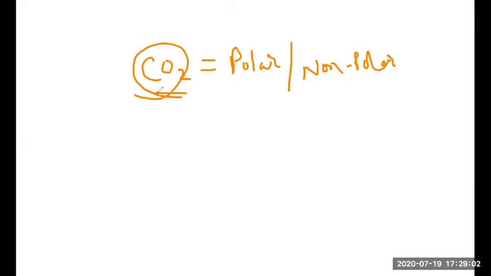So that's the difference. To determine whether the molecule is polar or non-polar, you have to satisfy two conditions, in the same order that I'm writing right now. First, the bond has to be polar, or you can write polar bond. So the first condition is you have to have a polar bond.